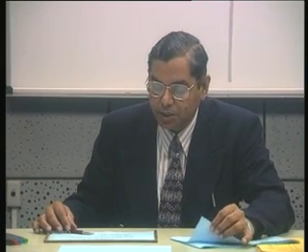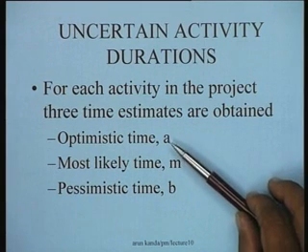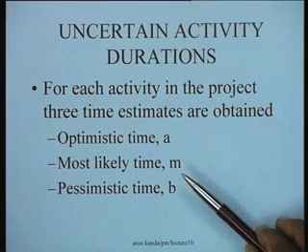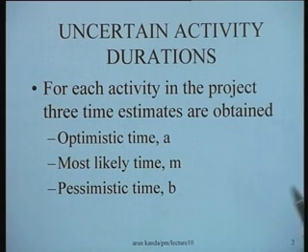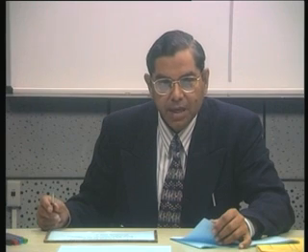So, this is how we can capture the uncertainties in activity durations by making 3 time estimates instead of a single time estimate as we do in the basic scheduling computations that we did in the CPM analysis.